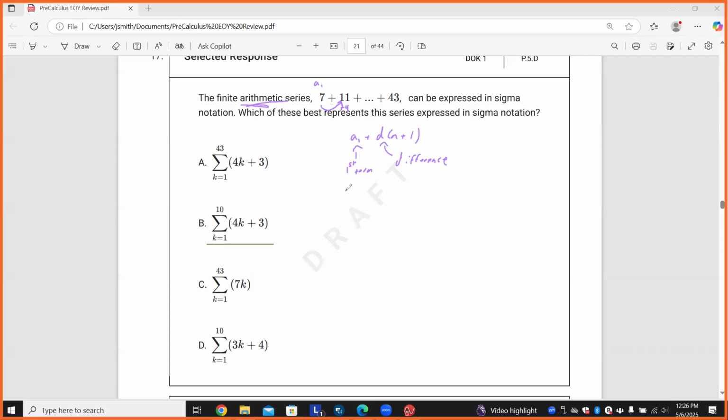So now you just combine like terms. What's 7 plus?